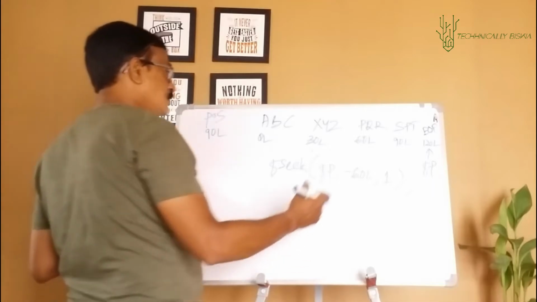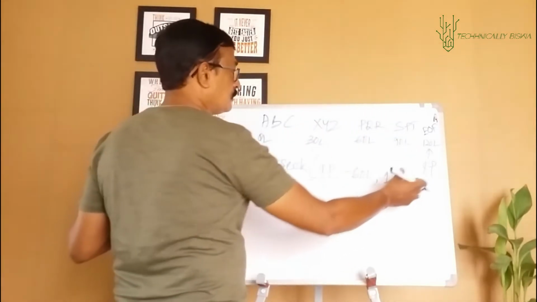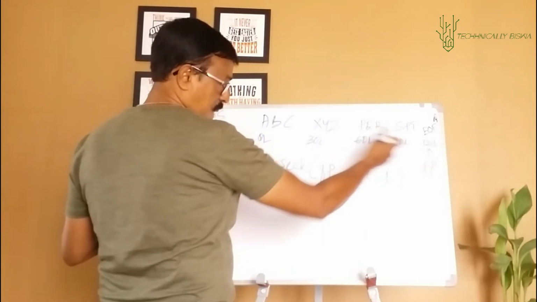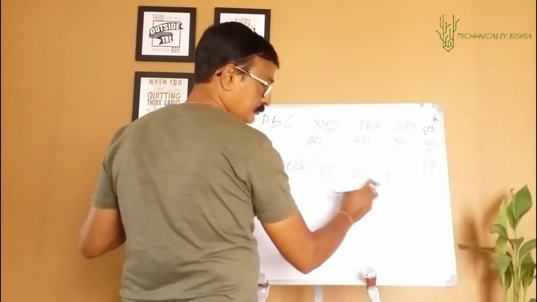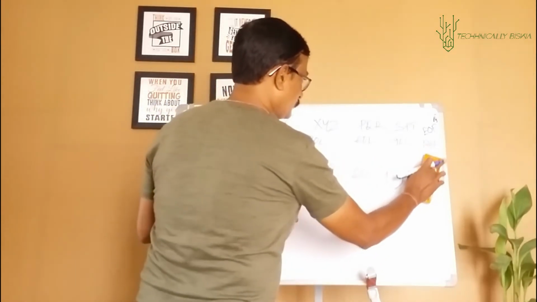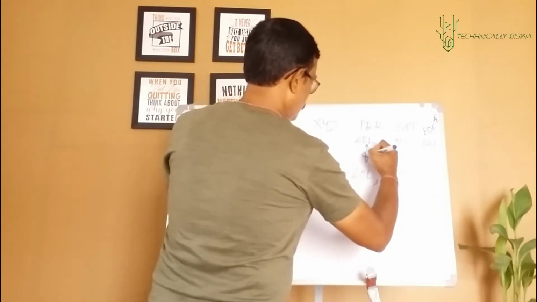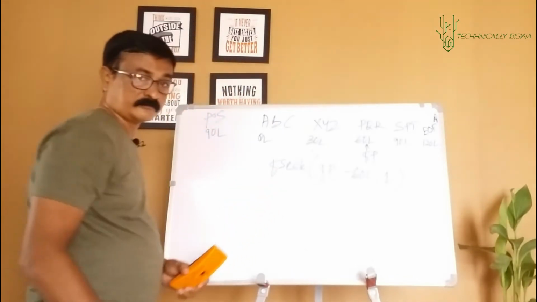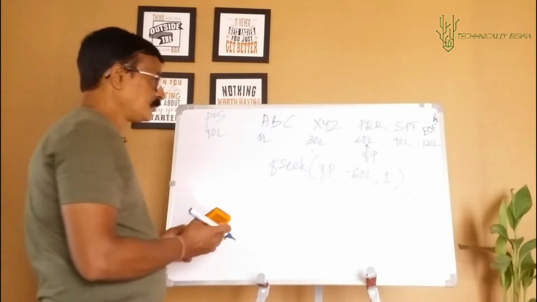Now I have to read a string which is 30 characters back from the last one. What does that mean? At a time I will be going back by 60 characters. So now minus 60L, 1. What will happen? The file pointer comes to this position. Clear? Got it?